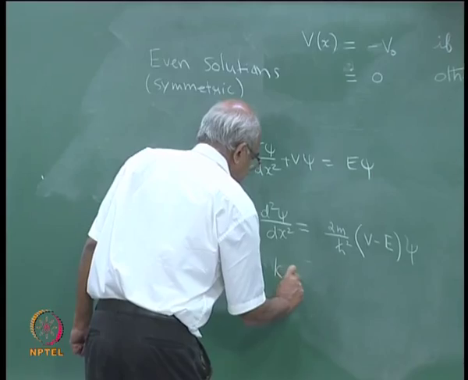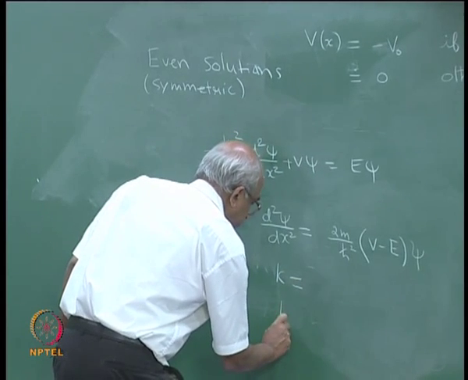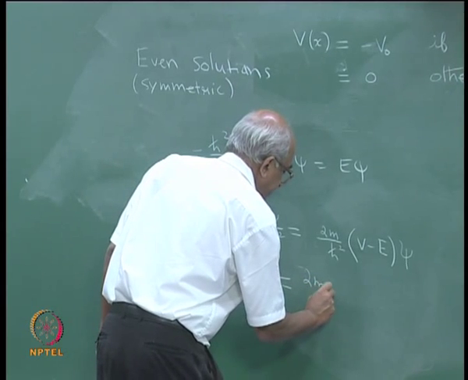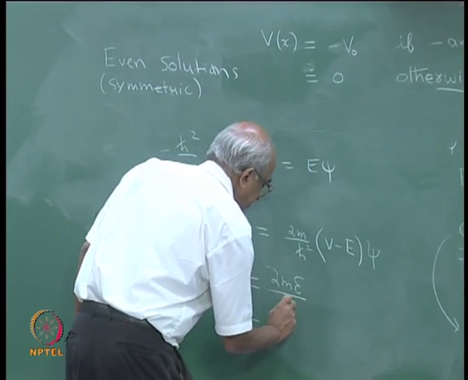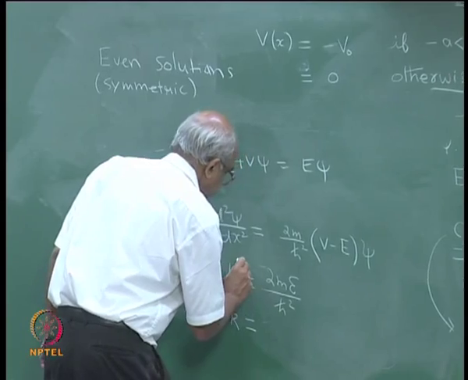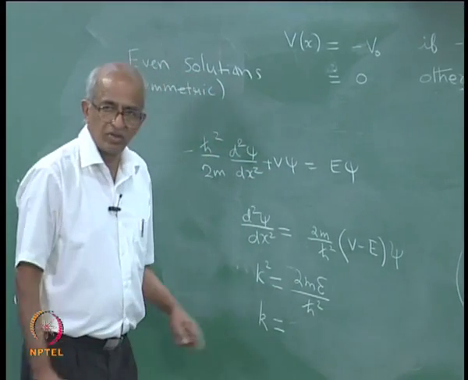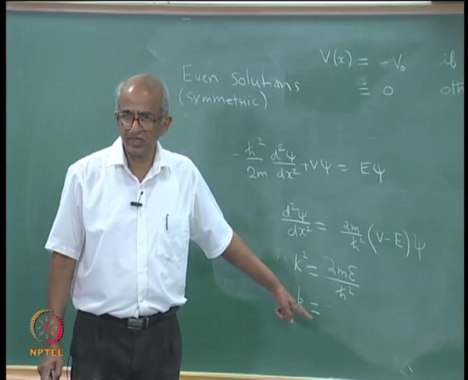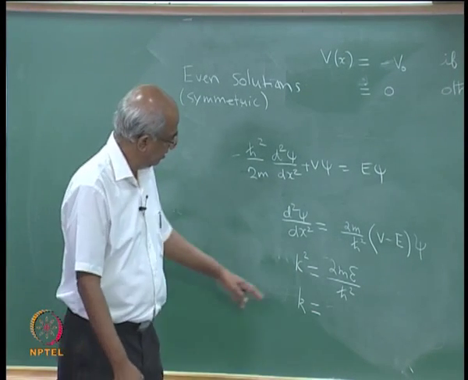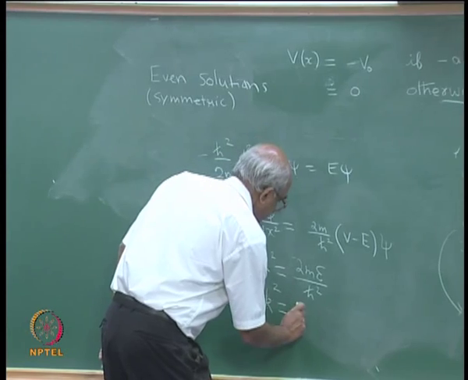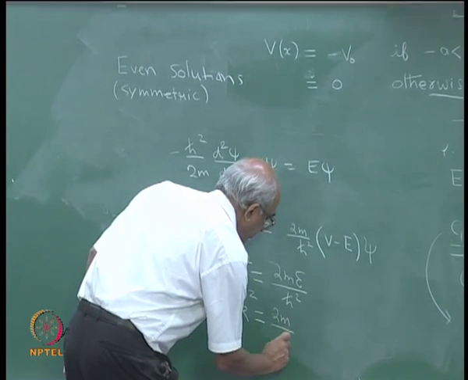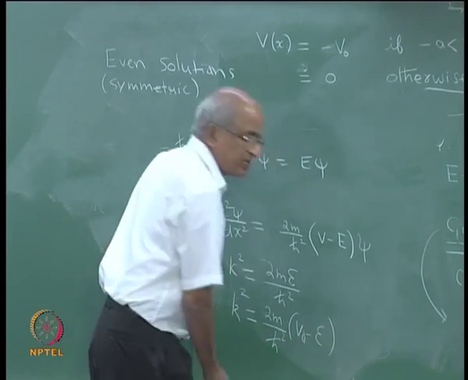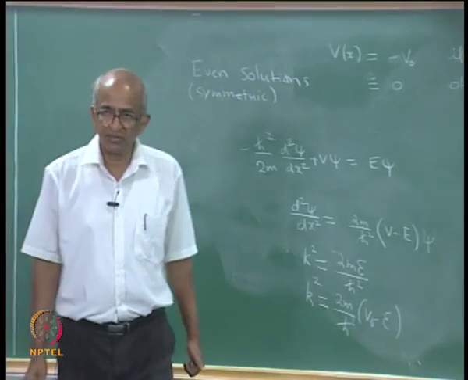Kappa was defined to be something and k was defined to be something else. Kappa square was defined to be 2m epsilon divided by h cross square, while k square was defined to be 2m divided by h cross square times V0 minus epsilon. This was the definition of k square.